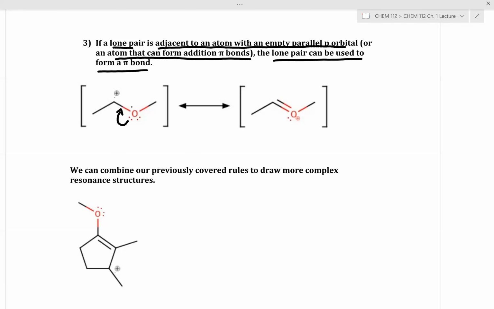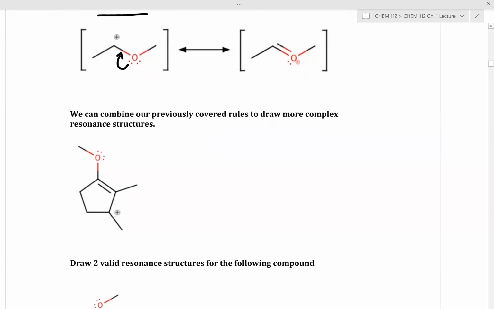Now, to showcase how this works fully, we can combine all of our rules together and write very complicated resonance structures. So in this case, I'm going to use my first set of rules in that I have a cation adjacent to a double bond. So can I push my double bond down to form a new double bond? Yes.